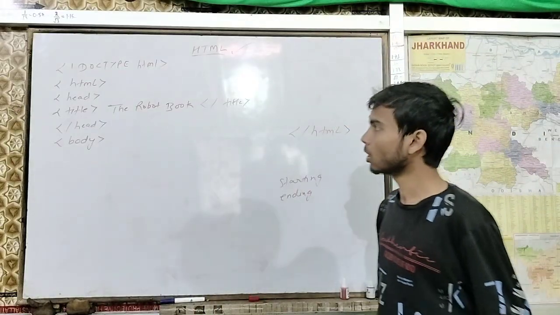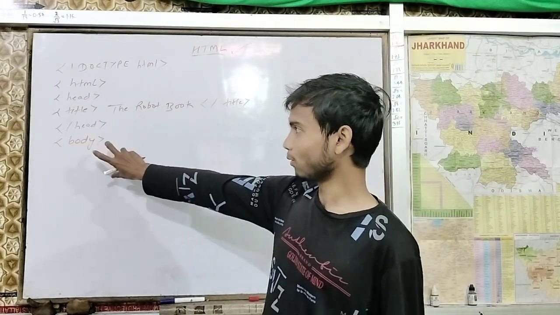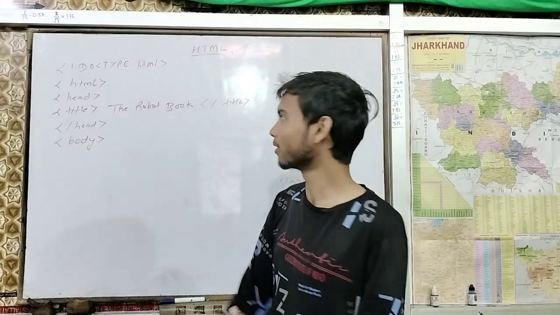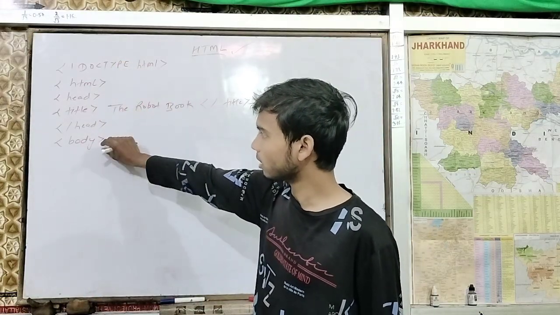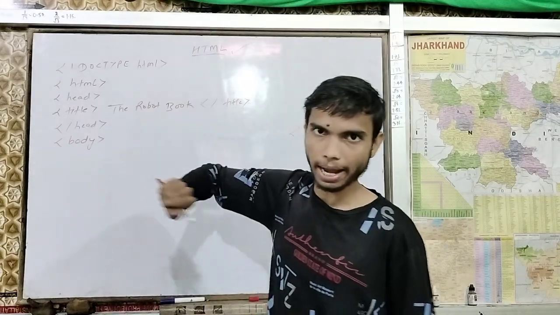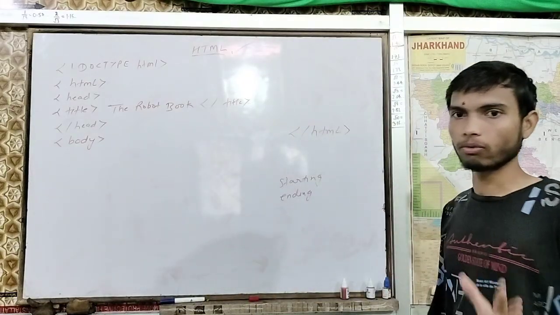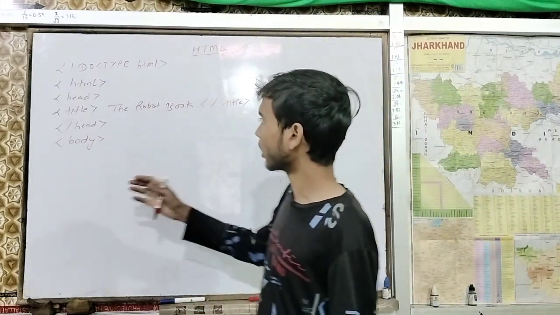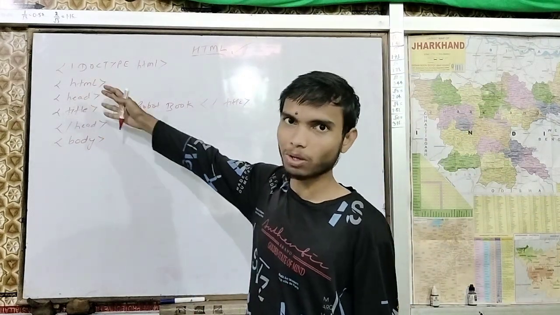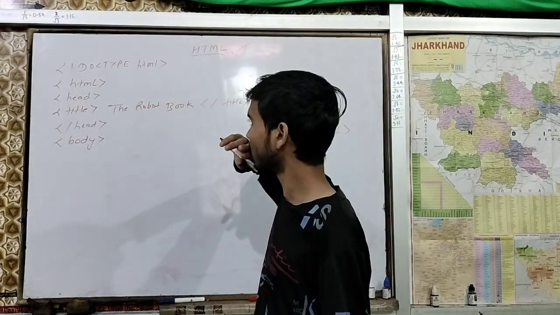Okay, attributes. So body will be more important. Whatever you discussed, this tag will be more important for you. Even all these are important, so we cannot ignore them. Okay.